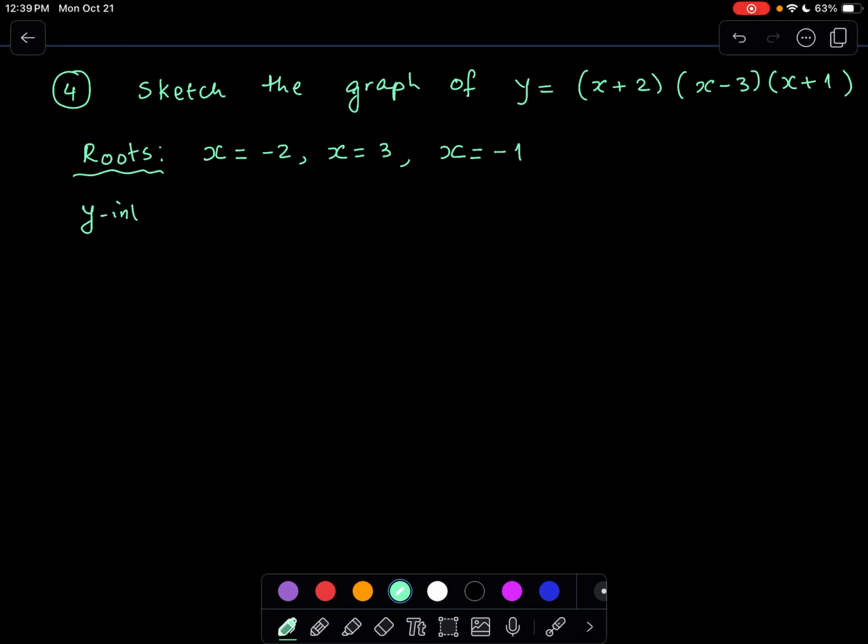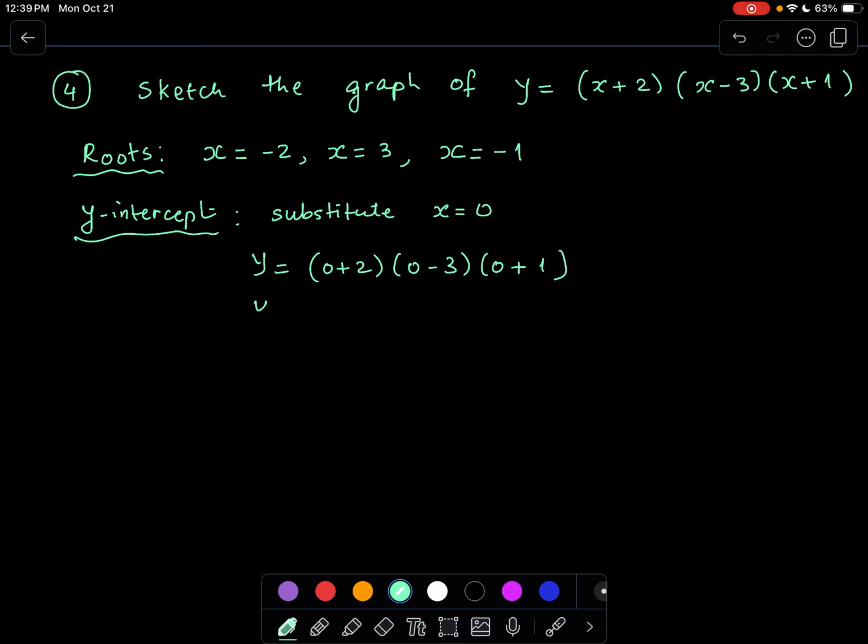And the y-intercept would be, substitute x equal to 0 in the equation, you're going to get y equal to 0 plus 2, 0 minus 3, and 0 plus 1. That gives me 2 times minus 3 times 1, which is going to be negative 6, right?